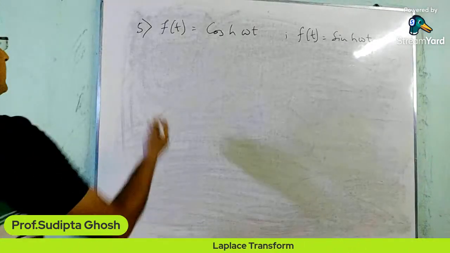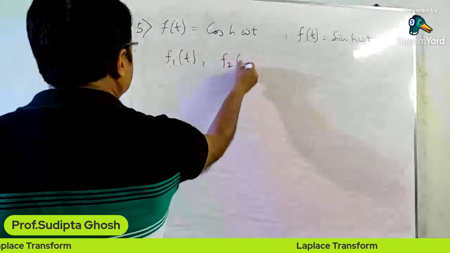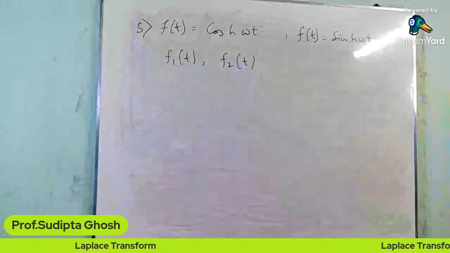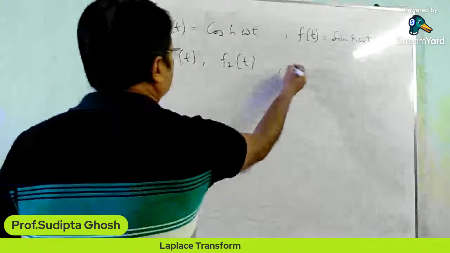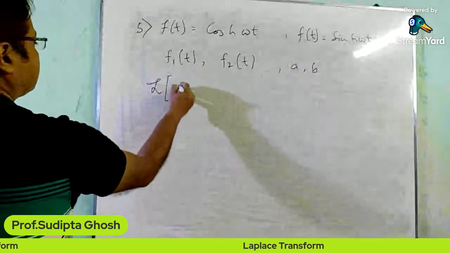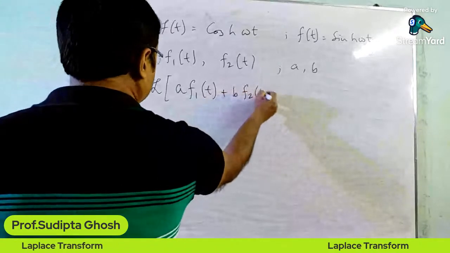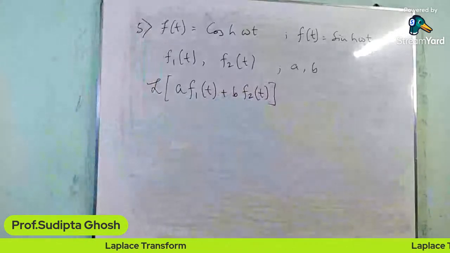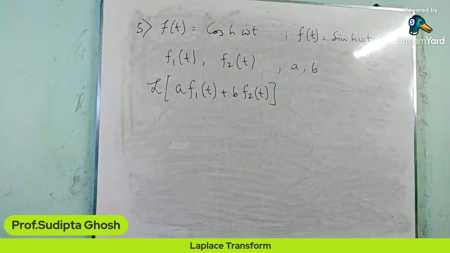Now this property tells us that if f1t and f2t are two functions of time, and if a and b are two constants, then the Laplace transform of a into f1t plus b into f2t, so what will be the value of this combination, where a is a constant and b is a constant?